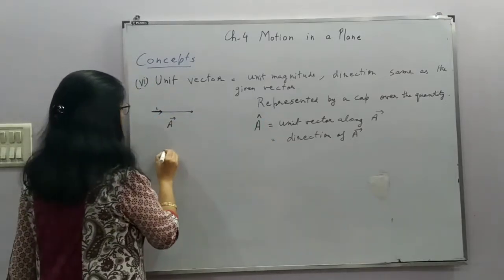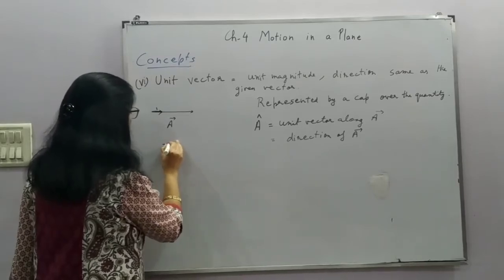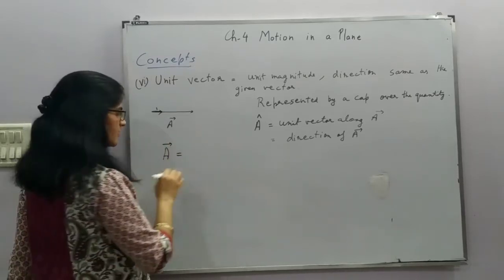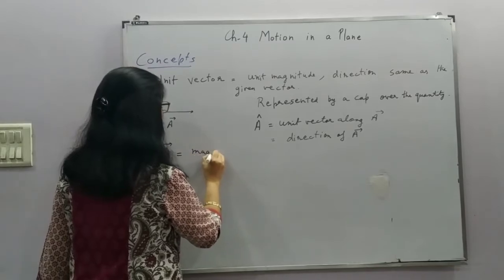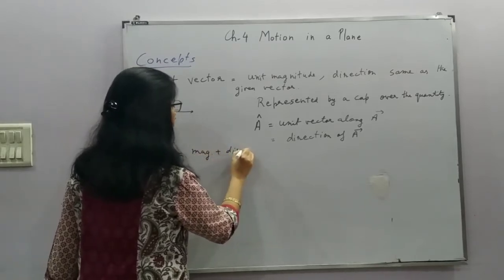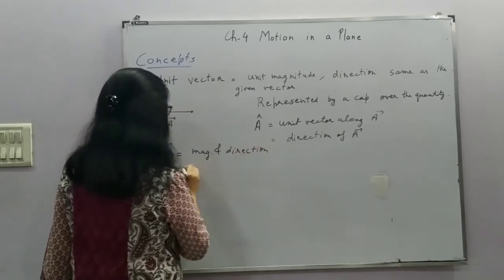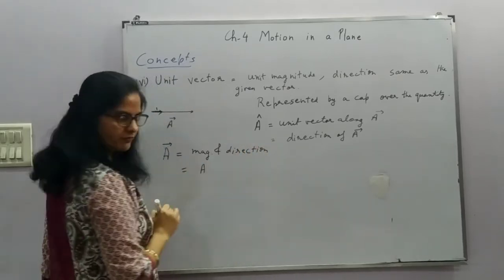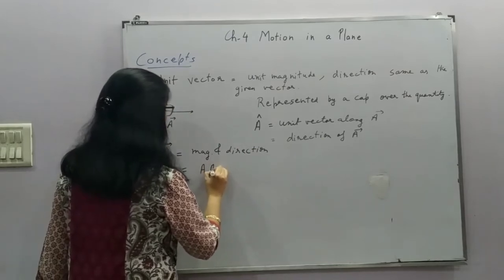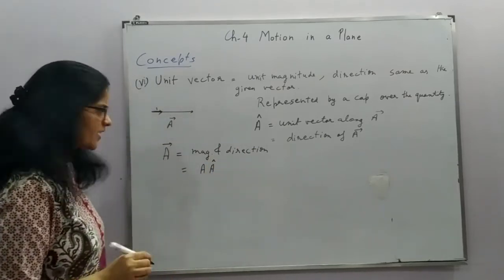So you can say that a vector is written by magnitude and direction. So how will I write it? Magnitude of A into direction of A. Yes or no?